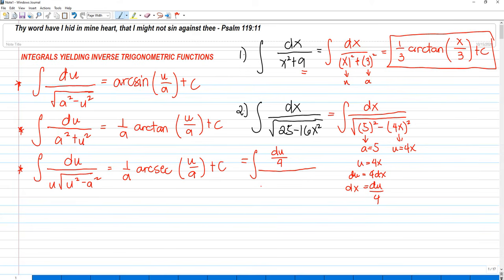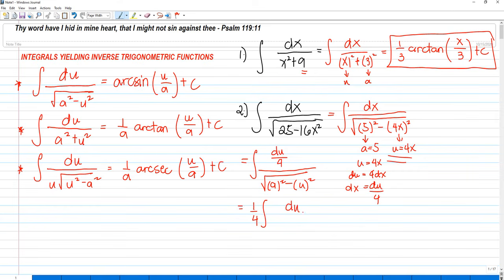So what will happen is that we have the integral of du all over 4 as the dx, all over the square root of a squared, that is the value of our a, 5, minus u squared. U is equal to 4x. So we can factor out 1/4 outside of the integral sign.